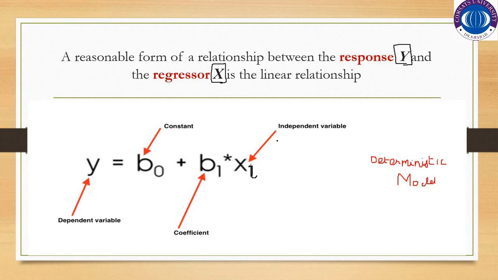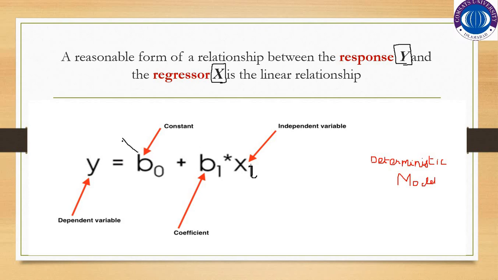So this is the independent variable, this is the coefficient, and this is the constant. This y is the dependent variable. This constant is basically the intercept, as if we plot this equation, it would be a straight line. This b1 is the slope.